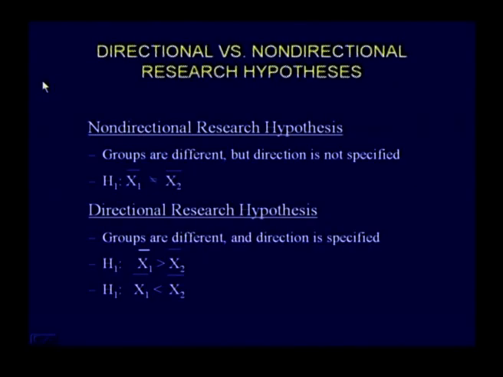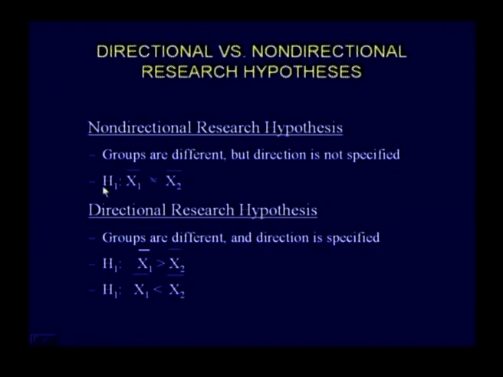Now there are different types of relationships between research hypotheses. One type of relationship is called non-directional research hypothesis. It means that the two groups that you have are different, but there is no direction specified in the hypothesis. And how do you say that? H1 colon x1 is not equal to x2.